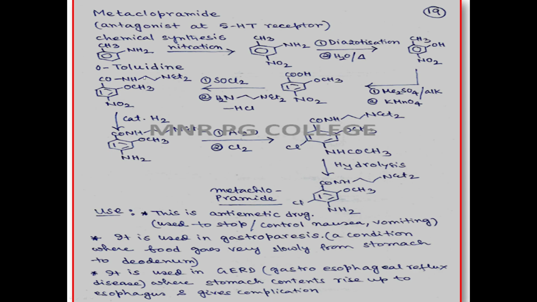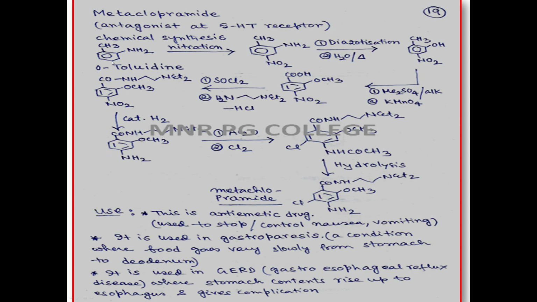Now the synthesis of metoclopramide starts with orthotoluidine. When orthotoluidine is subjected to nitration, then a nitro group comes into the benzene ring, and where the nitro group will come depends on the directive influence of the NH2 group and the CH3 group.